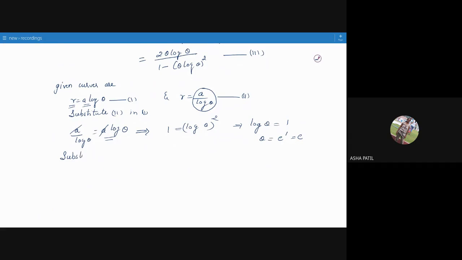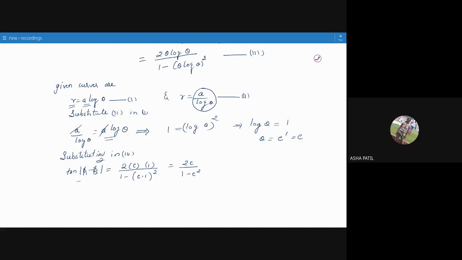So tan of phi 1 minus phi 2 is 2 times theta, that is e, log theta, that is 1, divided by 1 minus theta, that is e, log theta, that is 1, its square. So it is 2 times e divided by 1 minus e square.